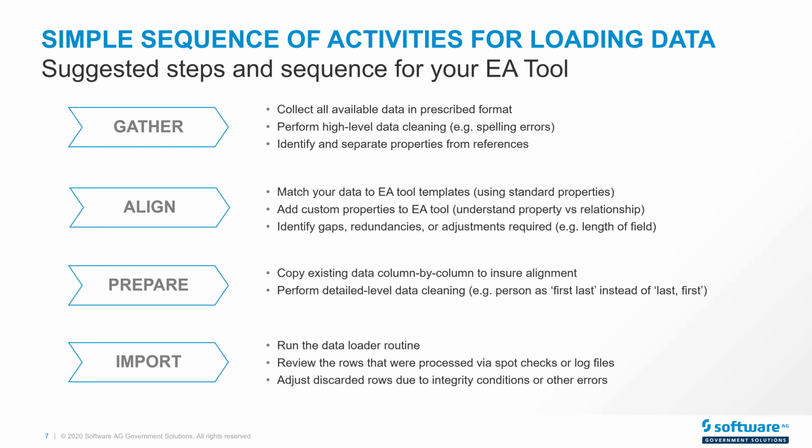But what we want to do is actually run the import, review the results, and then adjust and finish up the loading. And so if we follow these four steps for the process itself, we should be able to easily get our work done and have data loaded into our EA tool.